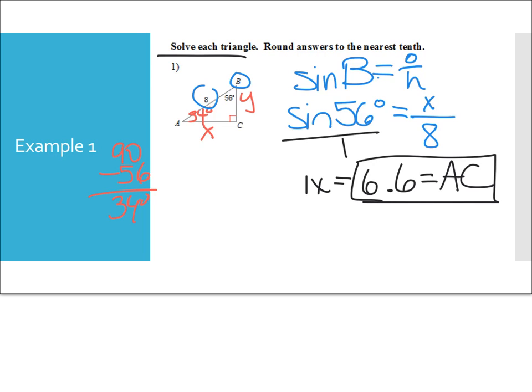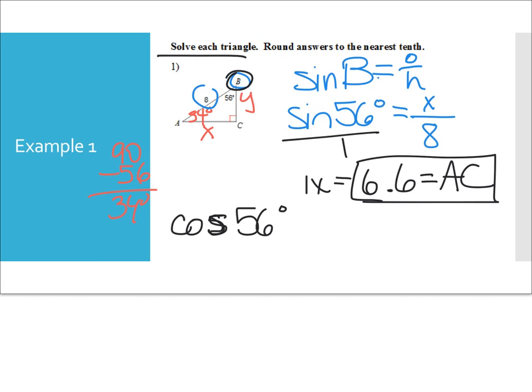You have some options. You could do the Pythagorean theorem because you have 2 of the 3 sides and it's a right triangle, so you could do that to find what we've labeled as y. Or you can pick any other trig function which involves that y piece. I'm going to choose the cosine of 56 degrees.